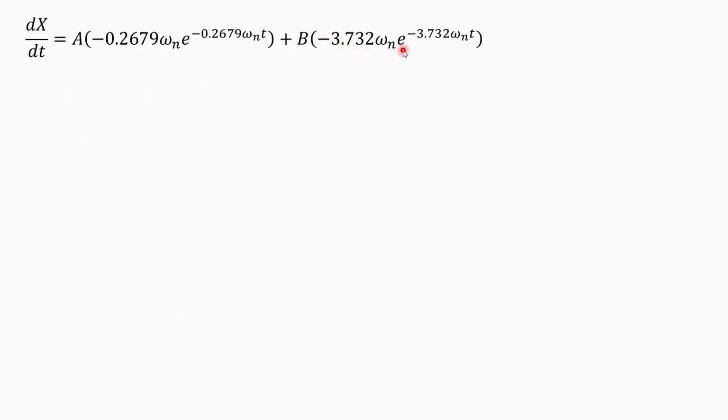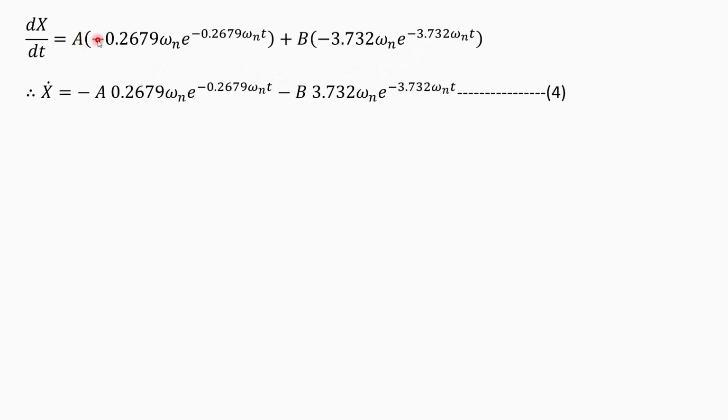Similarly, the derivative of e raised to minus 3.732 omega n t is this entire term. Now a multiplied by minus of this term gives minus a multiplied by this entire term, and similarly minus b multiplied by these terms. We are multiplying a and b to these terms.